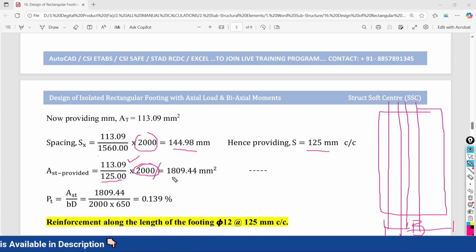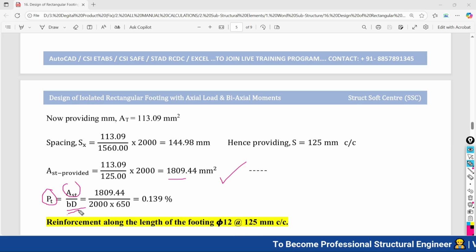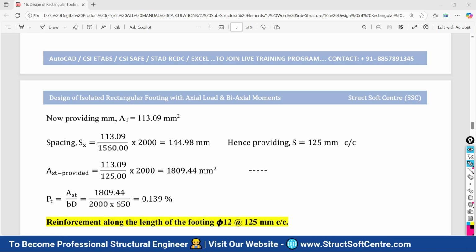So total area of the reinforcement is provided 1809.44 mm square, and by percentage, total area divided by section size, total area divided by considered width 2000 multiplied by overall depth 650, it is again coming out to be 0.13% reinforcement.